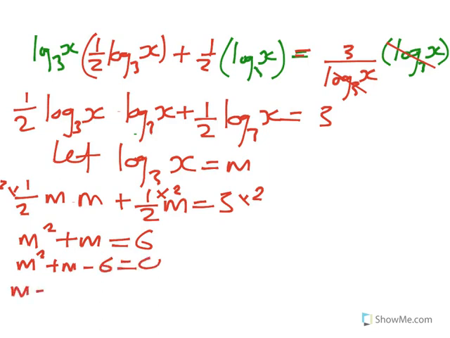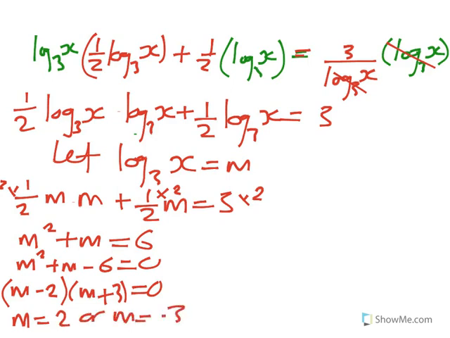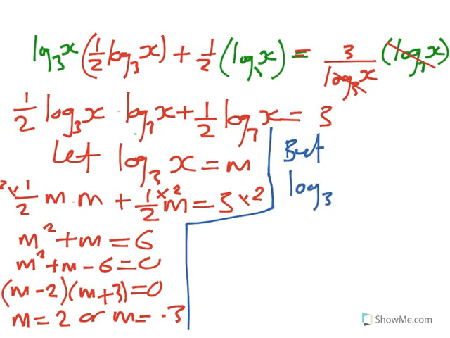So if you simplify this now, factorize, it's m minus 2 and the other one is m plus 3 is equal to 0. Therefore m is equal to 2, or m is equal to minus 3. Then just to create some space here, but log base 3 of x is equal to m.